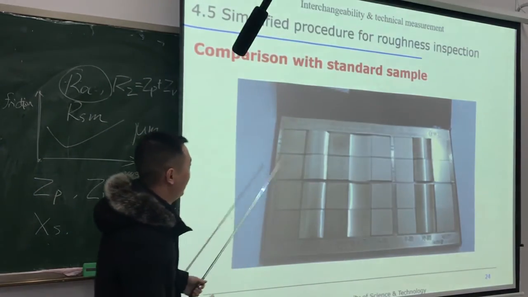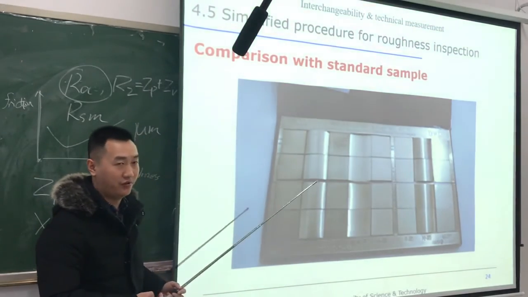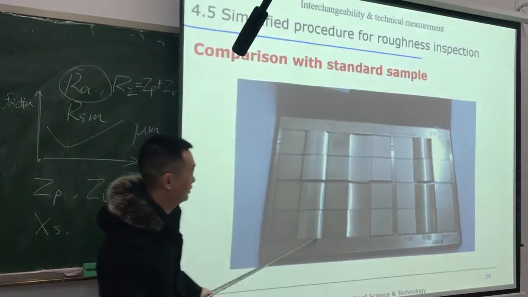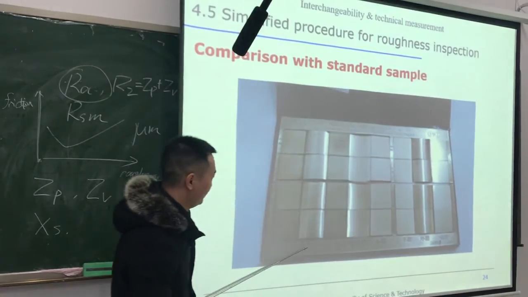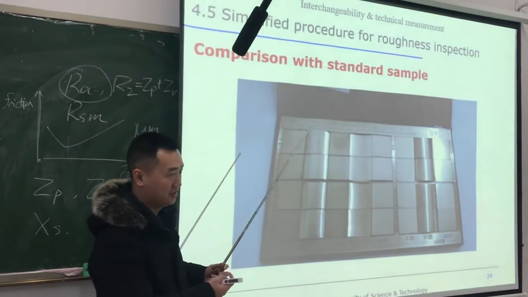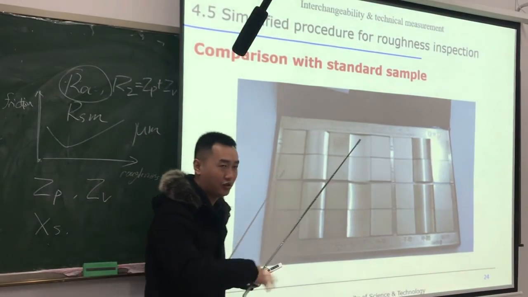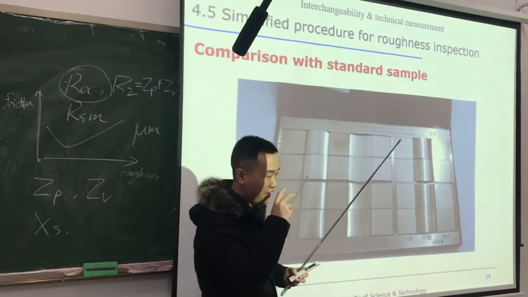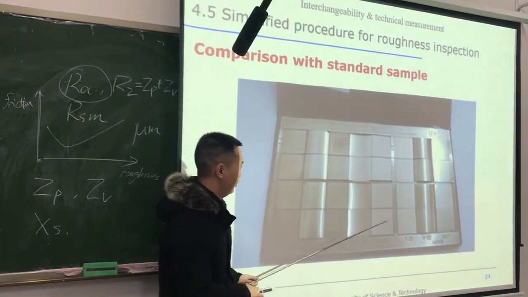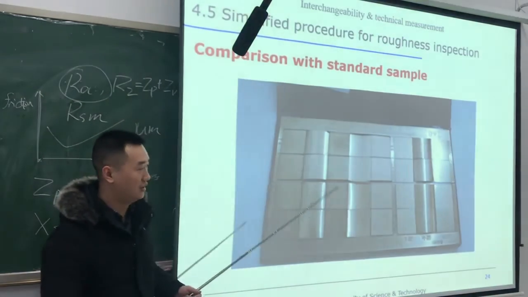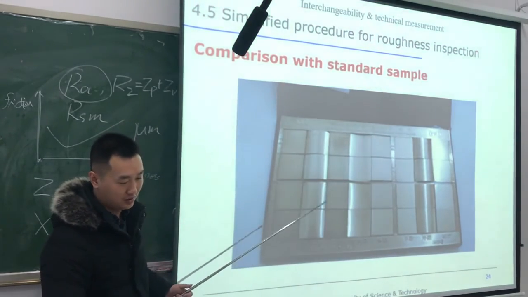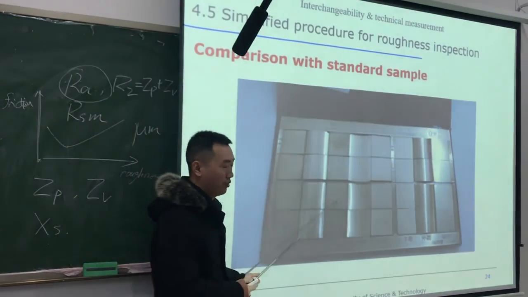They just compare the surface of the workpiece with the standard samples, using touch feel or eye inspection to see if the surface can pass the requirement.